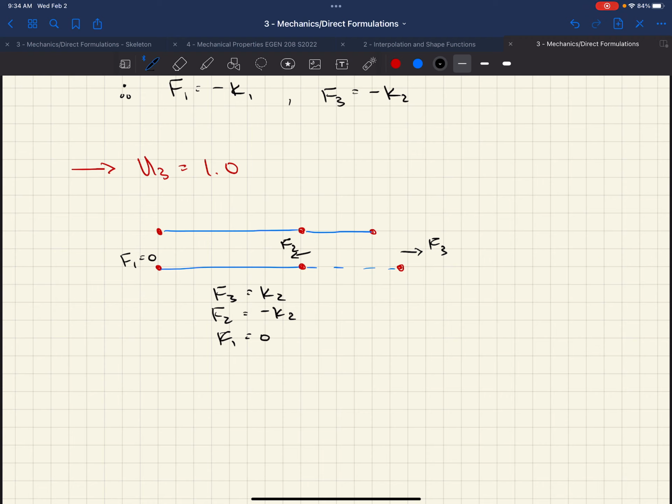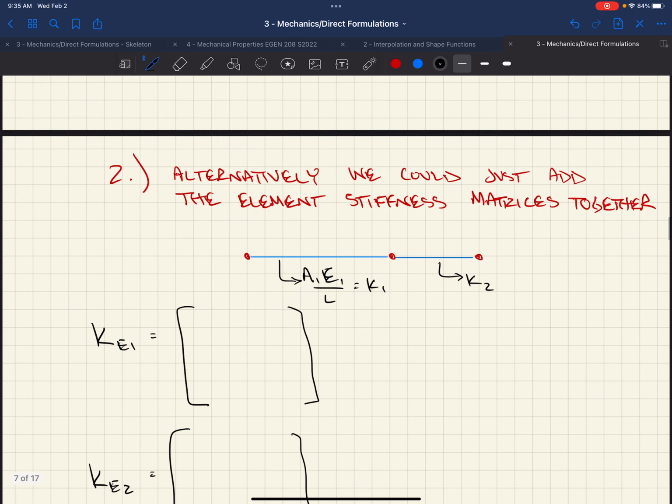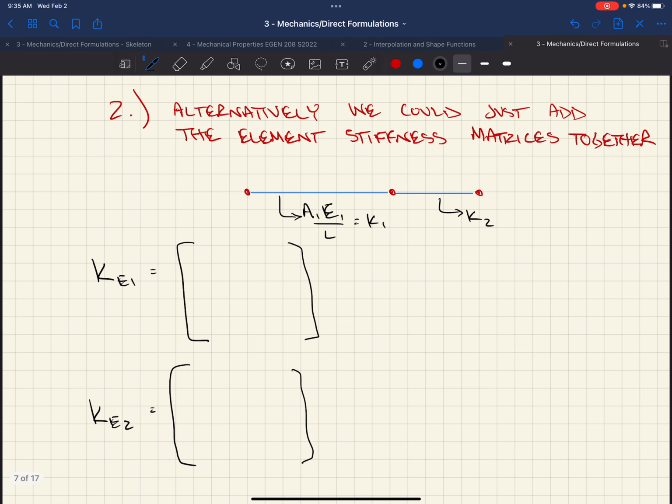Well, alternatively to even this approach, as you guys probably have done in the past, whether it's in advanced mechanics and materials, in structures 1, or Ladine's class, we can essentially just add up, or what we call assemble, all of our stiffness matrices for each of our elements into one global stiffness matrix just by adding them in, right?